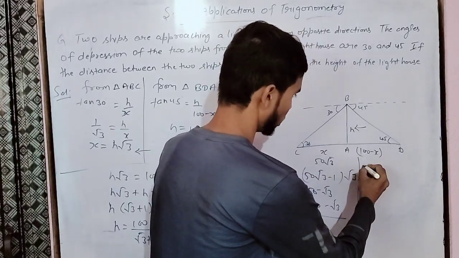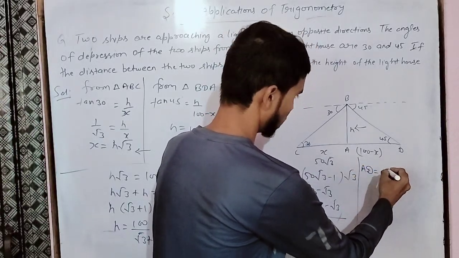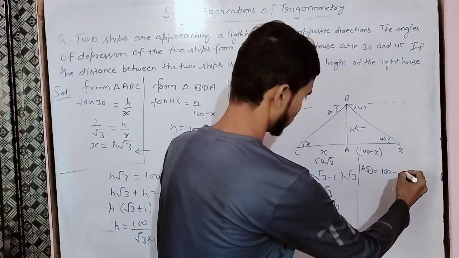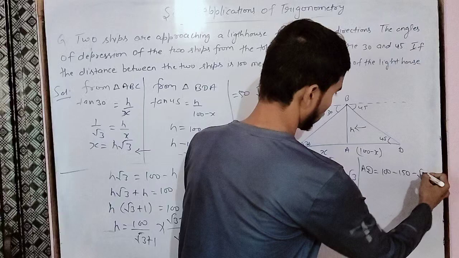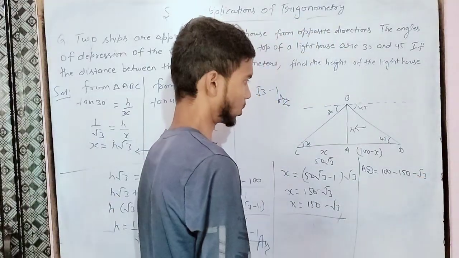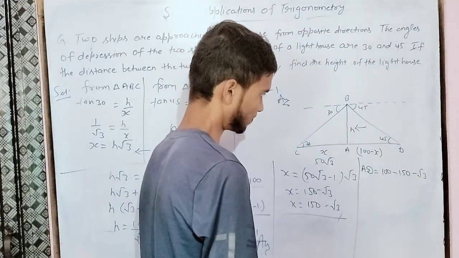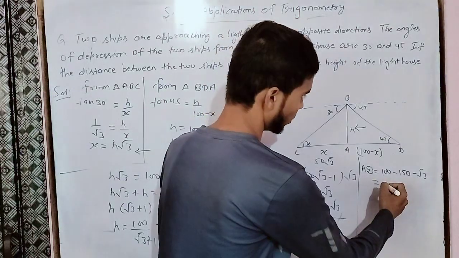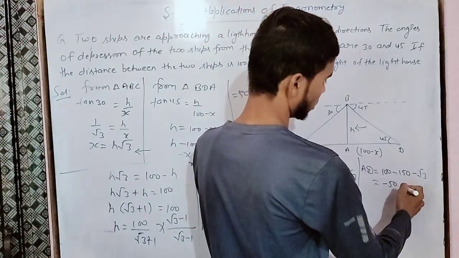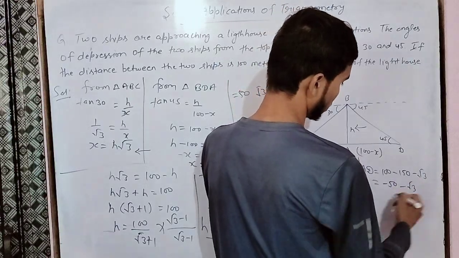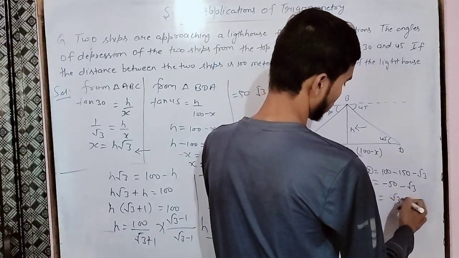So here AD is 100 minus 150 minus root 3. What will happen? We will get minus 50 minus root 3, root 3 plus 50.